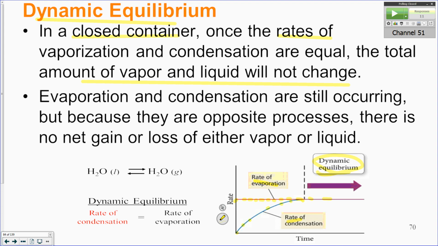When the two things are opposite but equal, there's no net change, either gain or loss of the liquid or the vapor. So at that point, we represent the system by two arrows, one going forward, one in reverse, and that represents a dynamic equilibrium. The rate of vaporization equals the rate of condensation. There's no net change occurring. And we'll talk about equilibrium in detail in Unit 3.